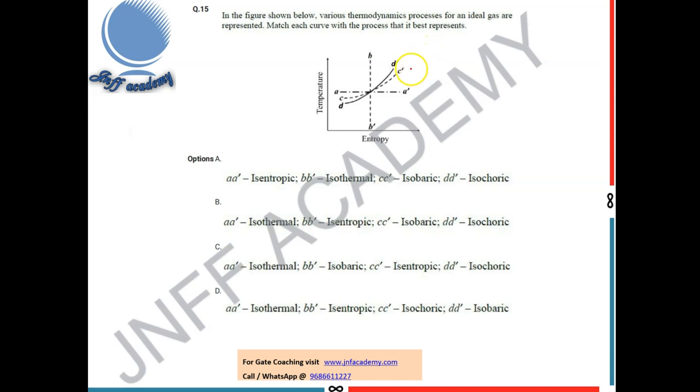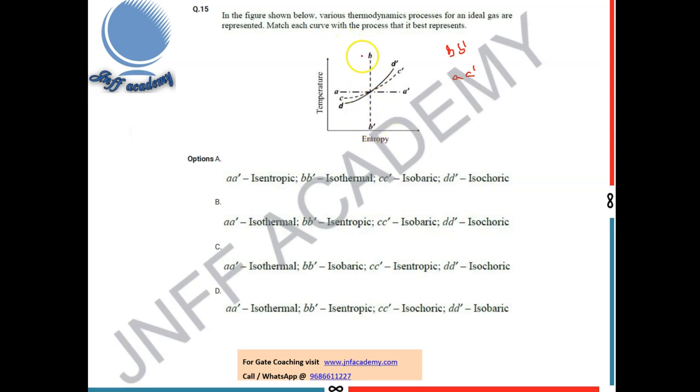Okay. So let's first go with the easy thing. B dash and A dash is more or less like a straight line parallel to x-axis and y-axis, right? So if you see B, it is exactly parallel to y-axis. So there is a change in temperature, but there is no change in entropy, right?